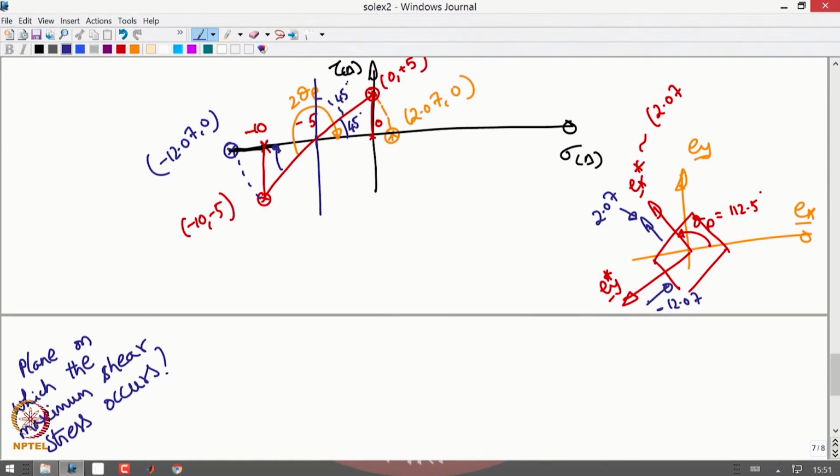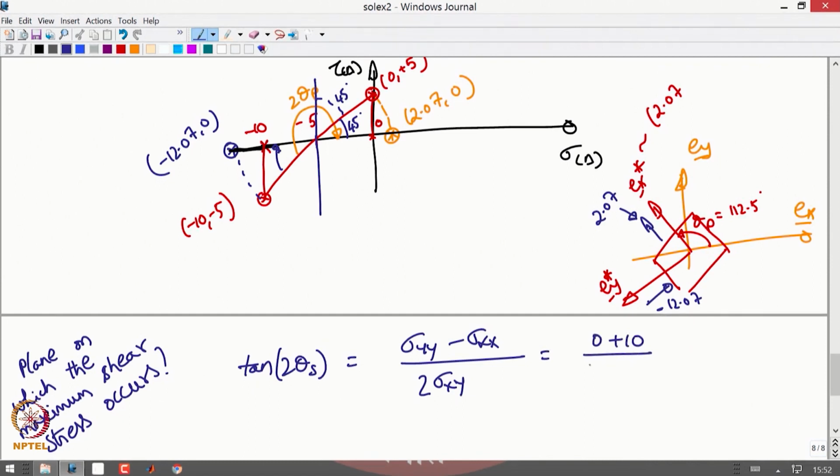Okay. From the expression you know that tan 2 theta s is sigma yy minus sigma xx divided by 2 sigma xy. Okay. So, this will be 0 plus 10 divided by 2 into minus 5. So, this is 10 by minus 10.